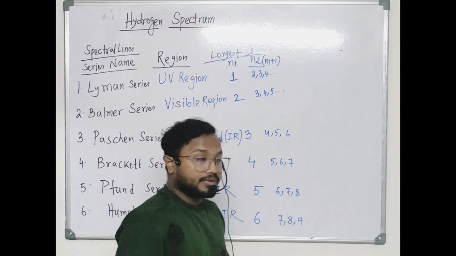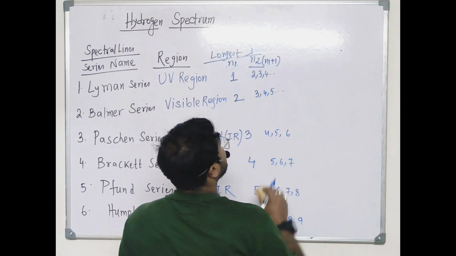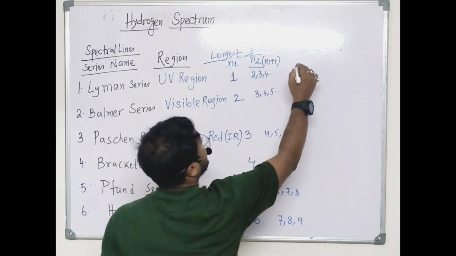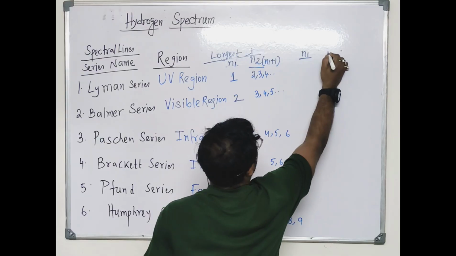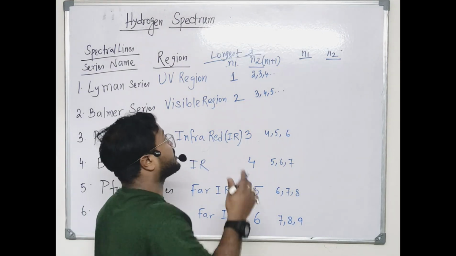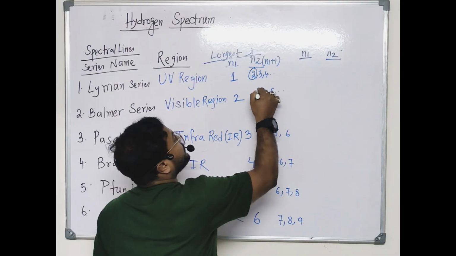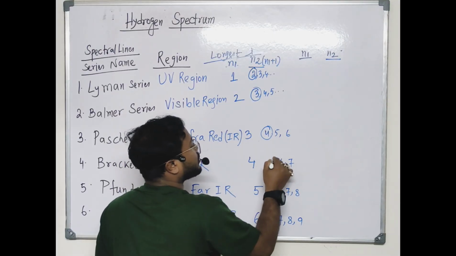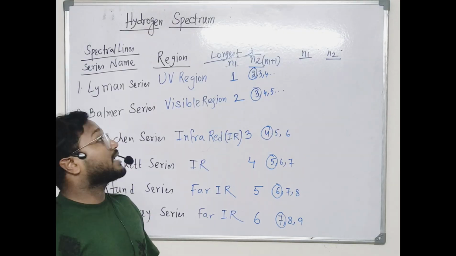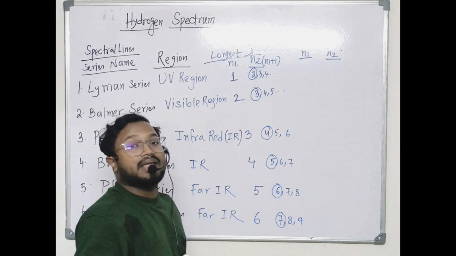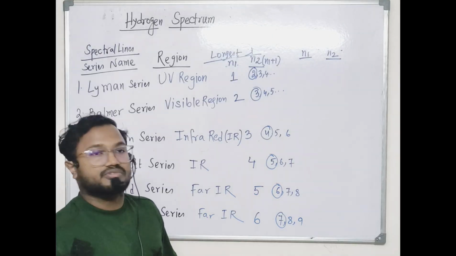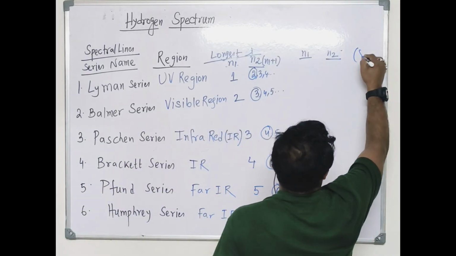Here for the longest wavelength, it needs to be 2, 3, 4, 5, 6 and 7. So basically we need to take n1 and n1 plus 1. Now let us consider I want to take the shortest wavelength. In this case, what should the n1 value and n2 value be? This is the idea for shortest.